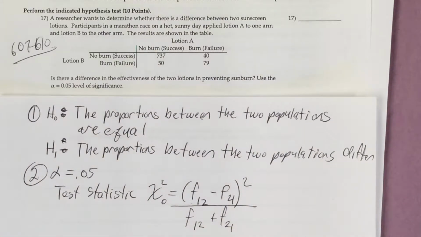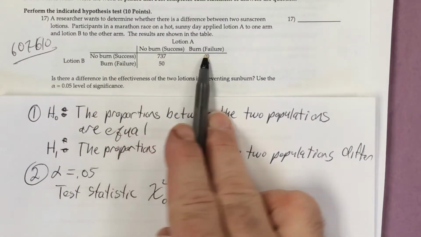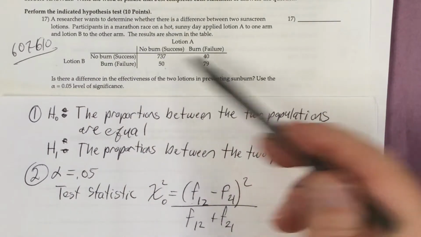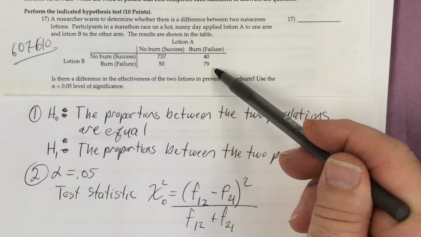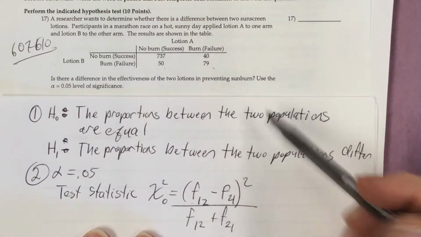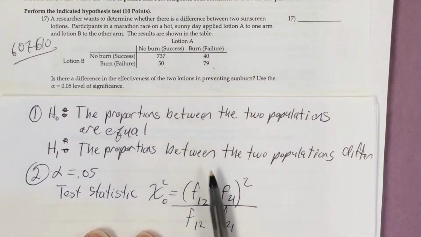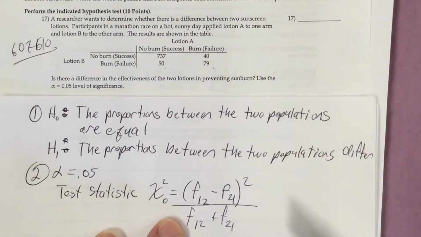Now f12 and f21 is a way of coding it here. For example here, this would be f11, this would be f12, this is f21, this is f22. Again, you probably should have read the book and hopefully you know that. So know that the values I'm going to be focusing on to come up with the test statistic are going to be f12 here, and then f21 here.